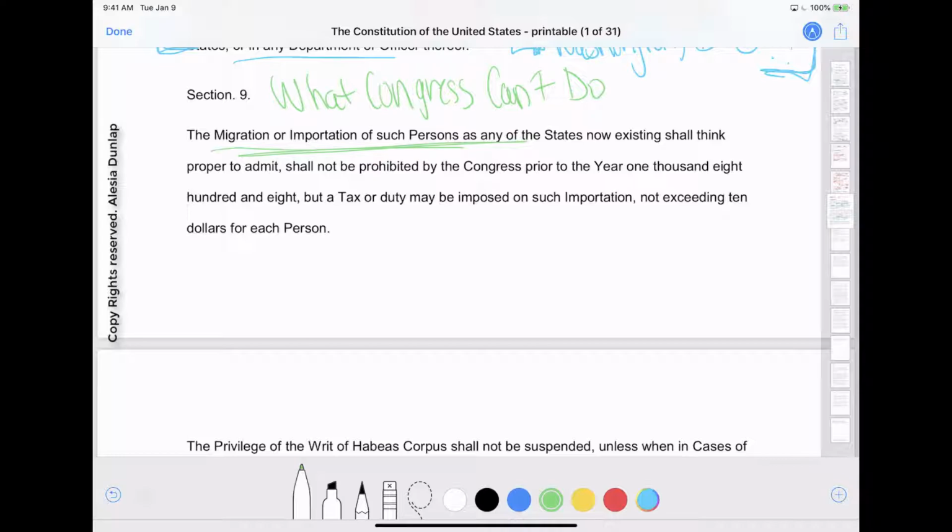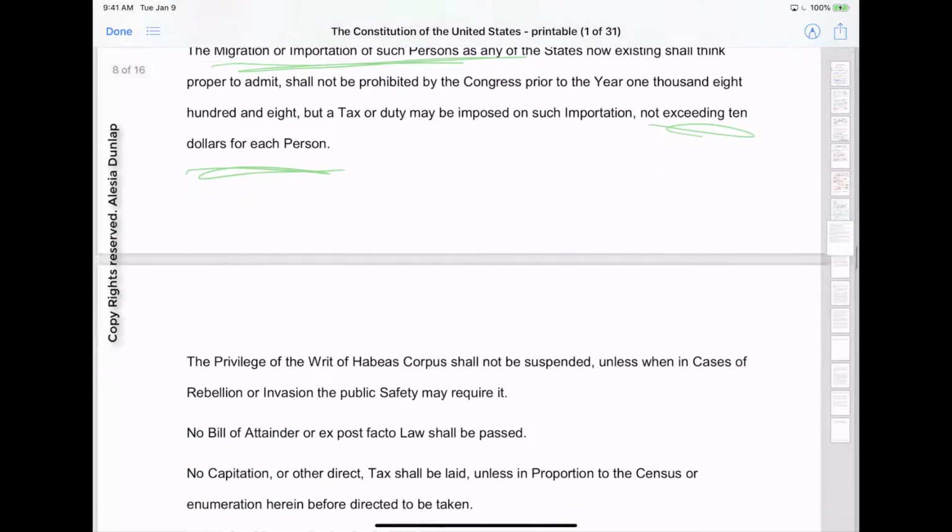Not exceeding $10 for each person. So, you can't import people. That's not cool at all.